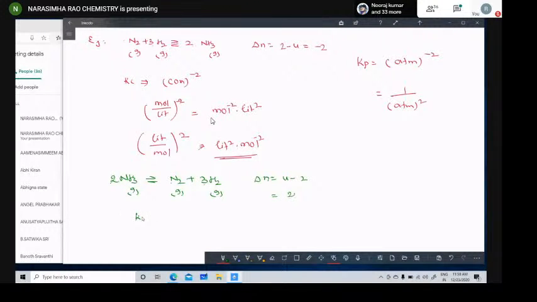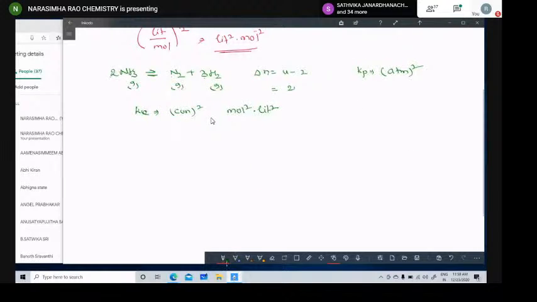Now the units for Kc are concentration square, that is moles square per liter square. In case of Kp for the same reaction, the units are atmosphere whole square.